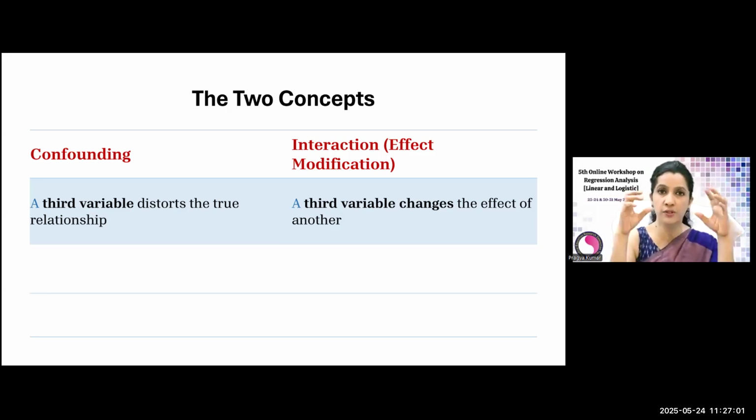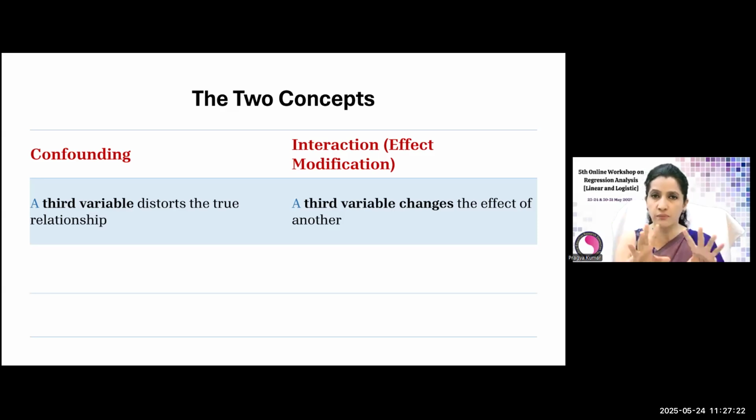If you have to see something clearly, you remove the dirt and then see it. But an interaction is like something hidden inside, and you are increasing the power of your lens, zooming in or out.